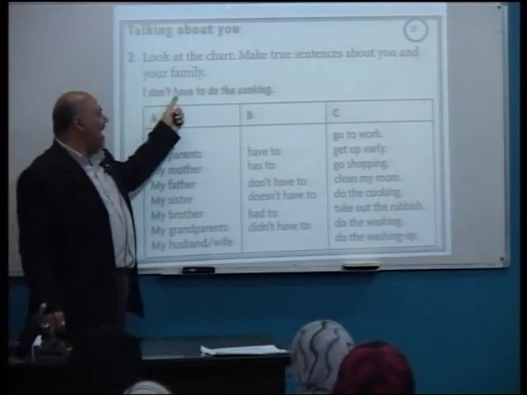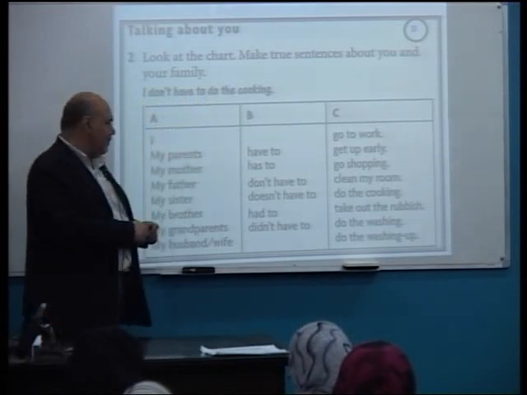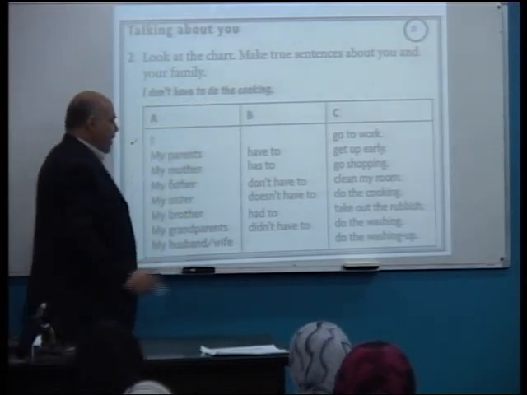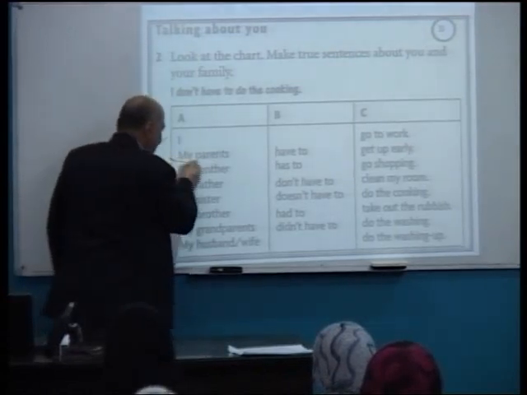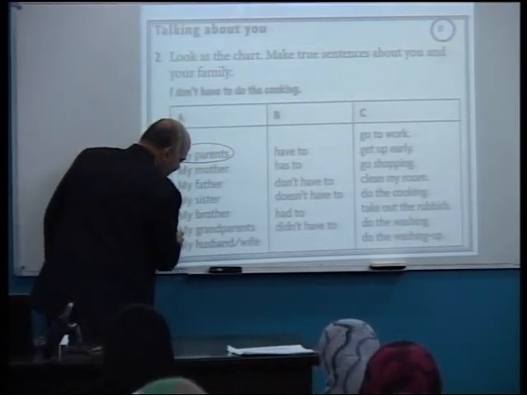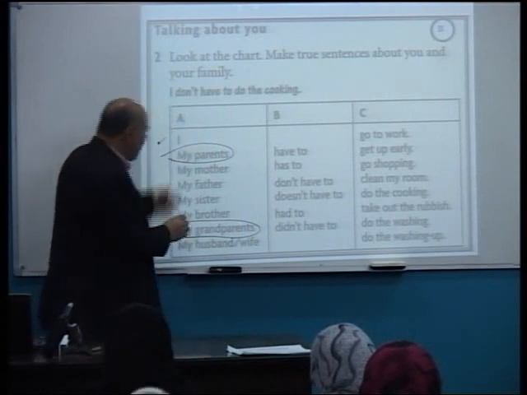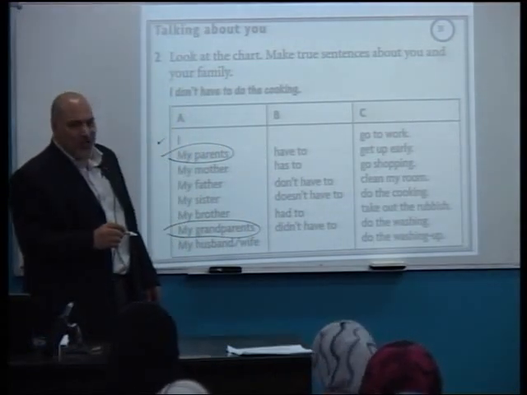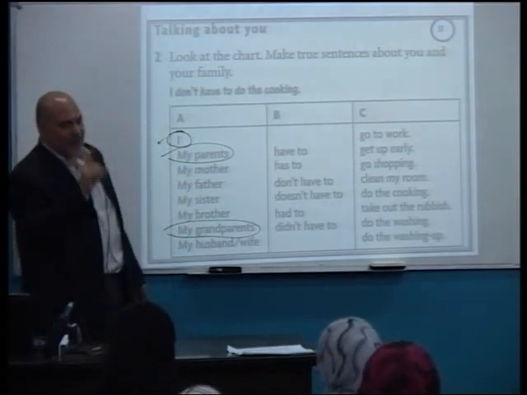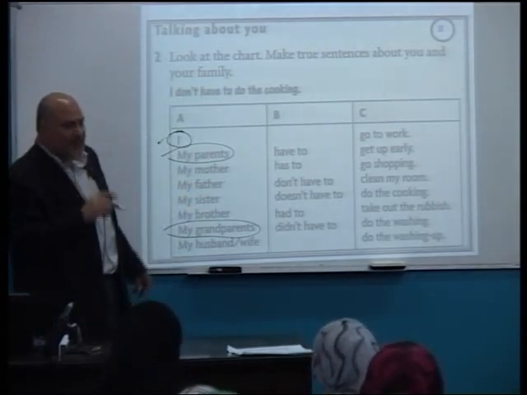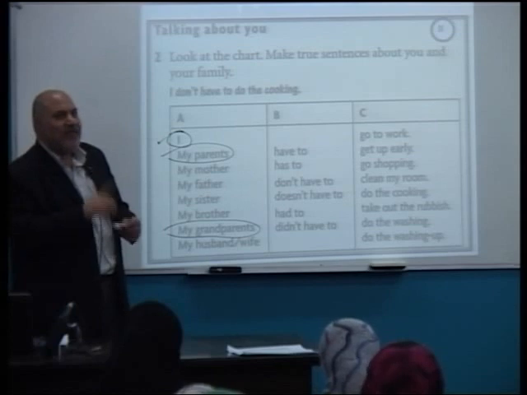Example, I don't have to do the cooking. I. We have 2 in the plural. My parents and my grandparents. And all the other is in the singular. But this one is in the first singular. First singular person without S.